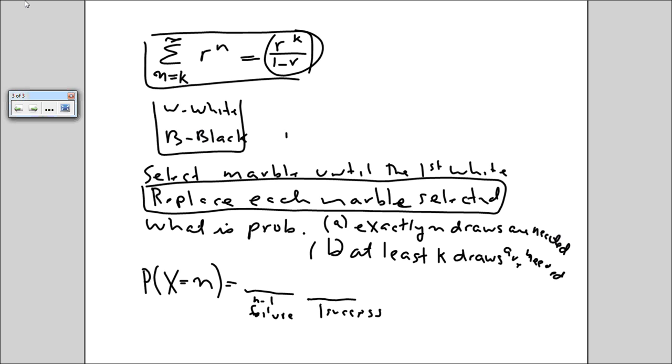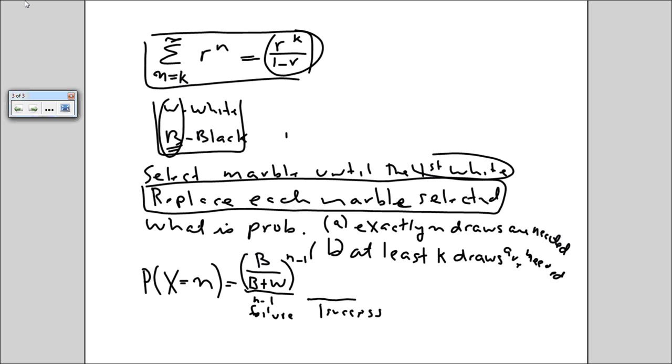And each of the failures has the same probability. I take whatever the probability of failure is and raise it to the n minus 1. Now, what's the probability of failure? Well, x is a white ball, so failure means we got a black ball. It's the probability of getting a black ball. Well, there are B of them, that's the numerator, and the denominator is the total number of outcomes. You can have drawn from any of B plus W marbles.